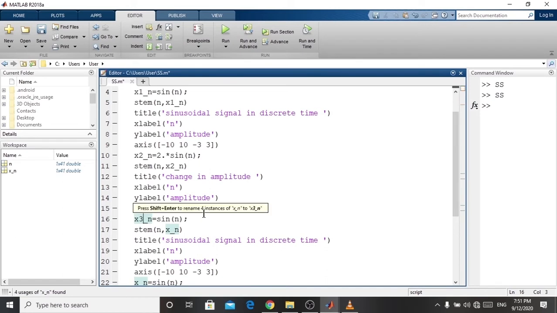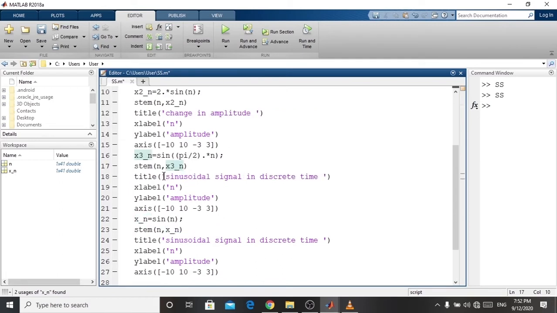Now defining this as x3 and giving an angular frequency of pi by 2, making this as x3 and changing the title to change in angular frequency.